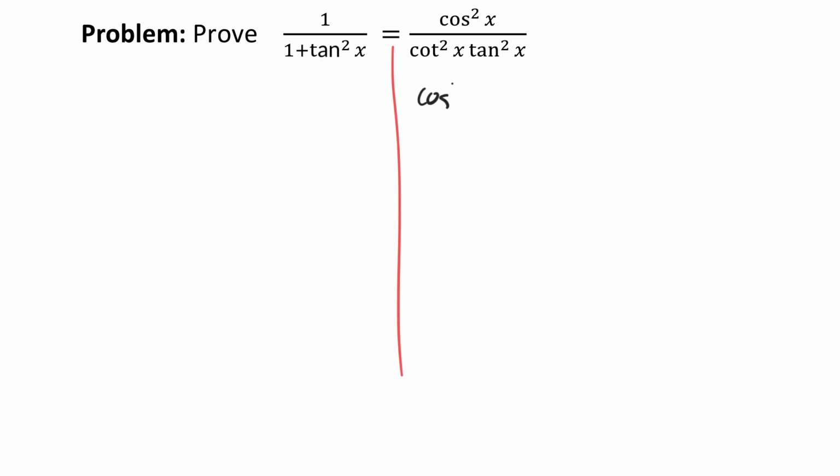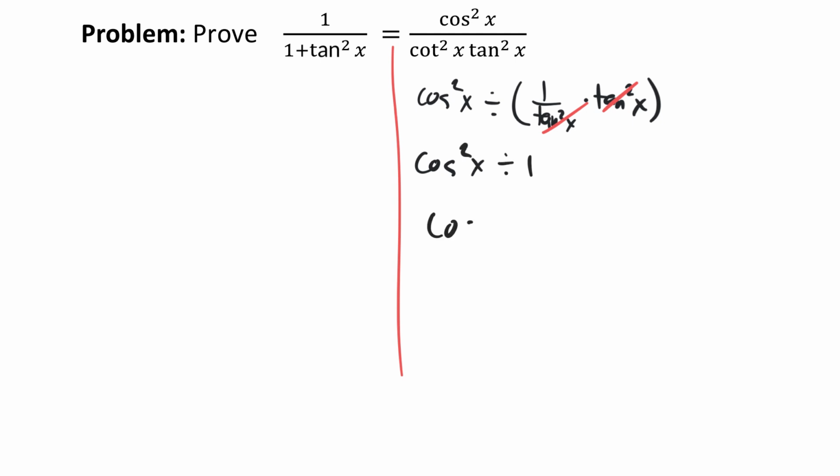So we have cos squared x divided by, and then this whole bottom part we could rewrite as, well, actually, the cotan is kind of like a 1 over tan. So we could maybe write it like this. And then these would just cancel out. So we'd have cos squared x divided by 1, which is just cos squared x.